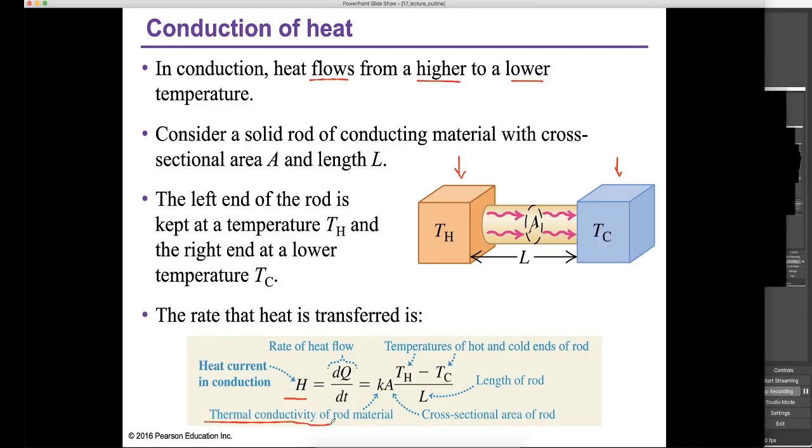For example, metal has a high thermal conductivity. So that's why when we make a pot for cooking, usually it is made of metal, because metal has a high value of thermal conductivity.